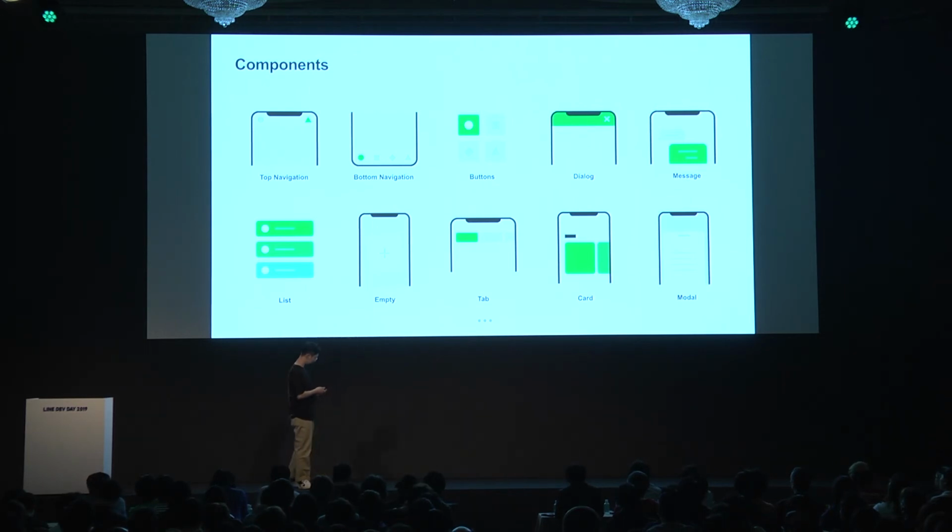For example, now there is bottom navigation for this part, but in Android, there is another name, which is app bar bottom. In iOS, there's also another name, which is tab bar.